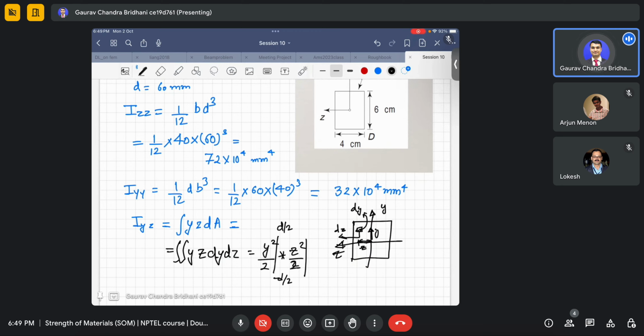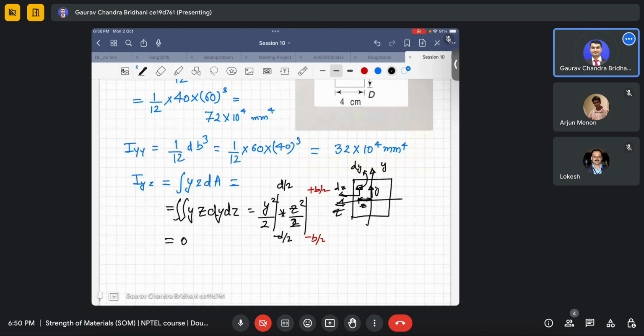And z is varying from minus b by 2 to plus b by 2. Now if I put those limits, you know that it's a positive function, so it gives a negative value and also a positive value. So d square by 4 minus d square by 4 becomes 0, and the other way, b square by 4 minus b square by 4. So that's why it comes to 0.